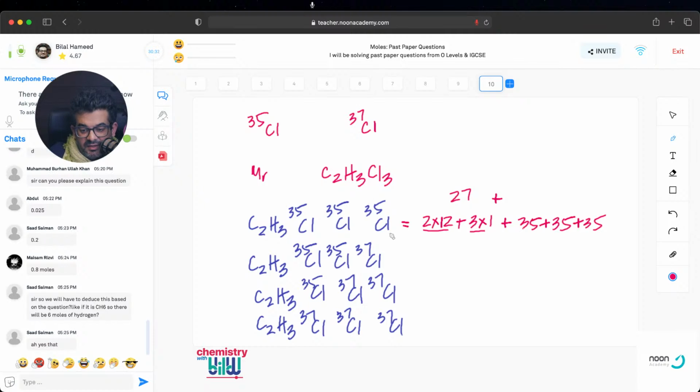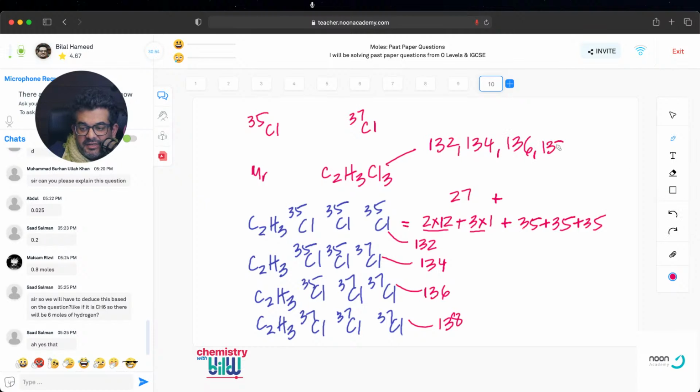This comes out to 132. And this one will come out to 134 MR. This will come out to 136 MR. And this will come out to 138 MR. And what you realize is that this compound will have 4 different MRs: 132, 134, 136, 138.